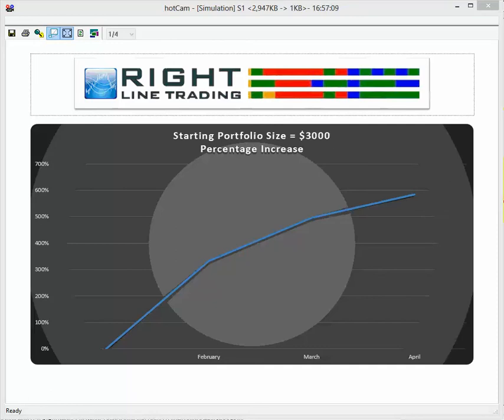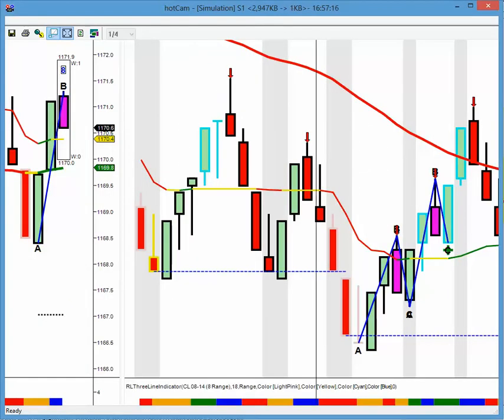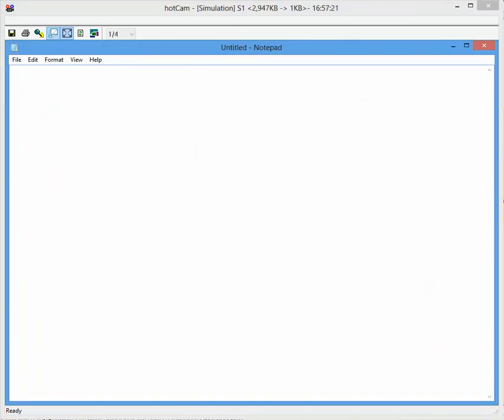Now, I want to drop this quickly and actually show you our platform and show you our trades. So I'm going to drop this. I'm going to rescale. Just hold on 1 second. And reshoot the chart.